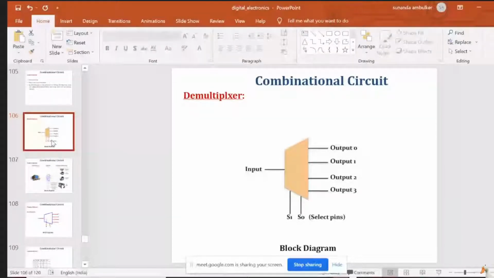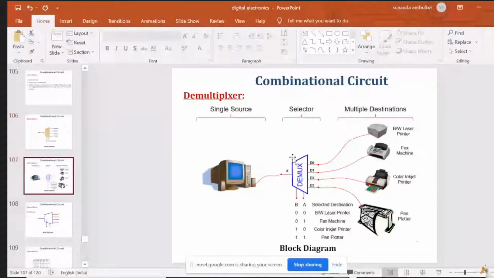Suppose the data is transmitted from a single source, and we want that data to be transmitted toward a certain destination, because the data is intended for particular devices.